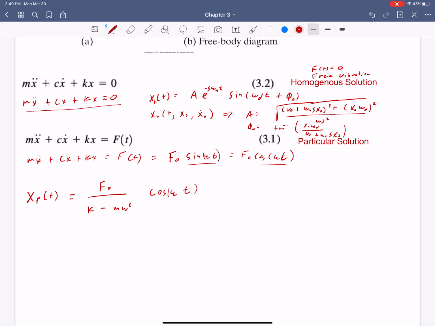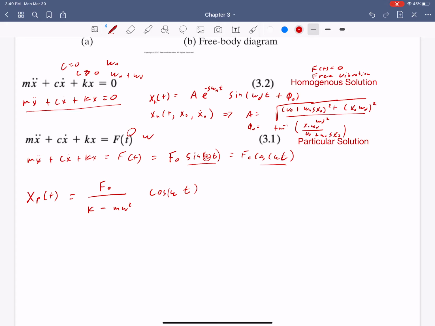So let's talk about some of the things we have to focus on. When c was equal to 0, all we had was omega n. Then we made c greater than 0, and we added in omega n and omega d. And now we have this f of t, and this forcing function is at a straight up omega. There's no law of the universe that says you have to be forcing your system at the damped frequency or natural frequency.